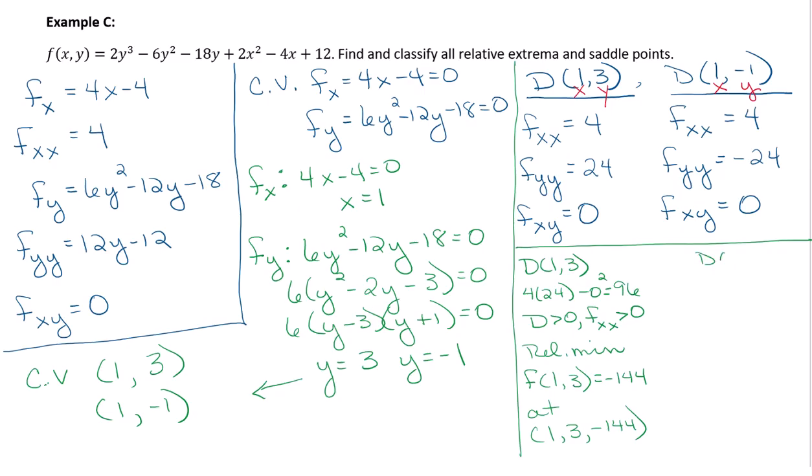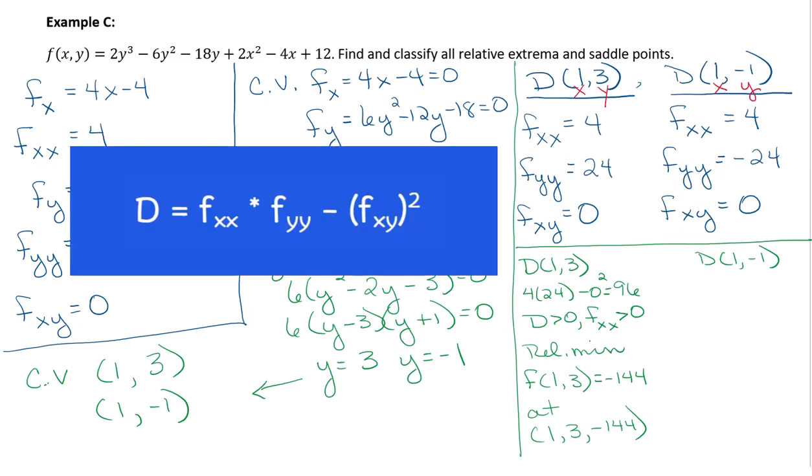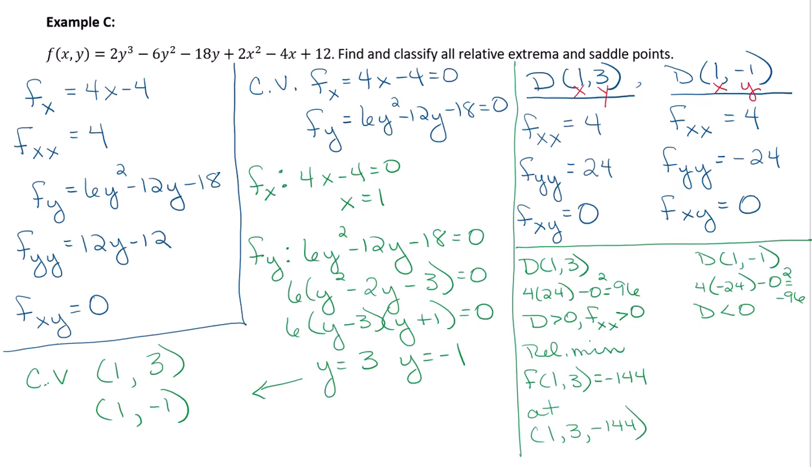Now let's find the d value by plugging 1, negative 1 into our d equation. We will get 4 times negative 24 minus 0 squared. So that's going to give us a negative 96. So our d is less than 0. If that's the case, then we know we have a saddle point.